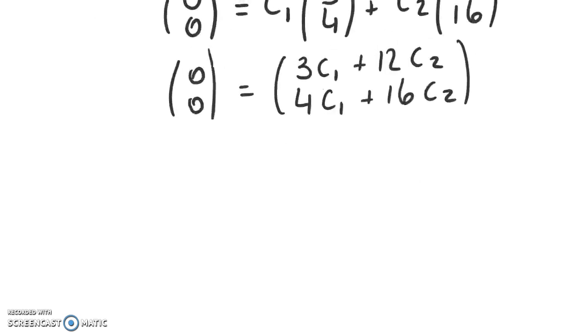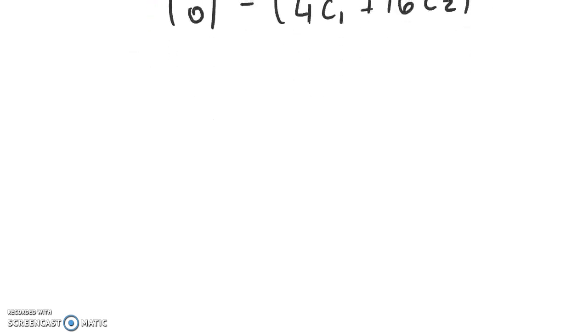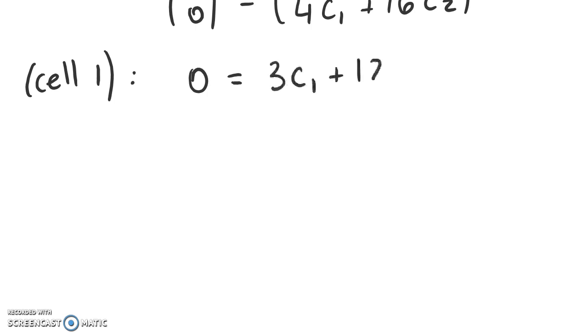We'll keep going now. Let's look at this first element, element 1. From element 1, or cell 1, we know that 0 must be equal to 3c1 plus 12c2. Let's rearrange this. We'll take 12c2 across to the other side. We've got negative 12c2 equals 3c1.